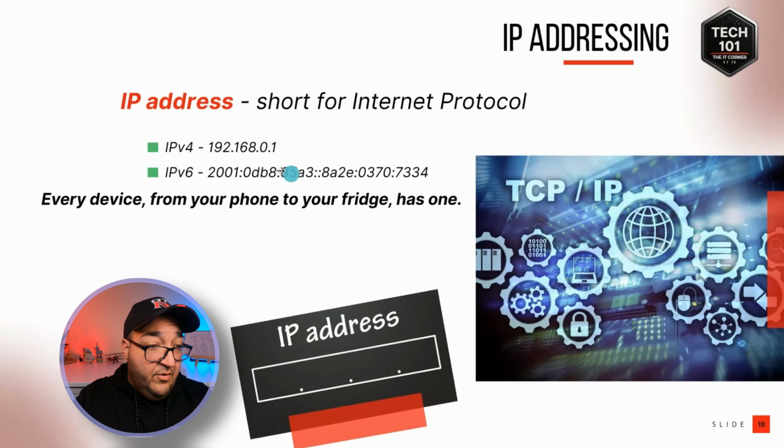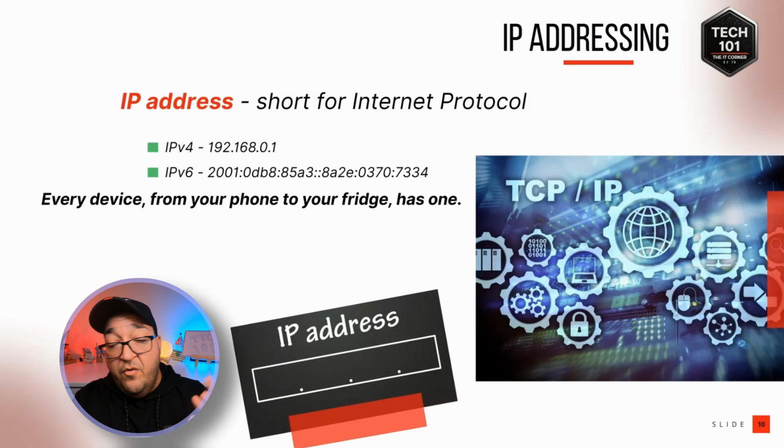Right here, we have an example of IPv4, 192.168.0.1. And IPv6 has a bunch of different letters. Every device, like I said, has one address. Now, something else I want to mention: IPv4 is the older format. It's simple and widely used.